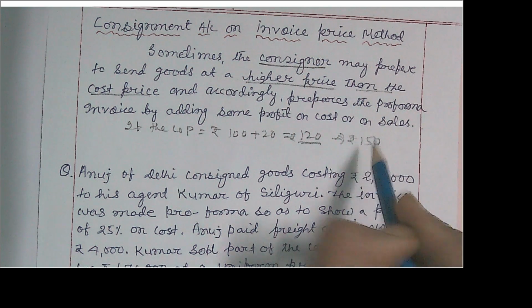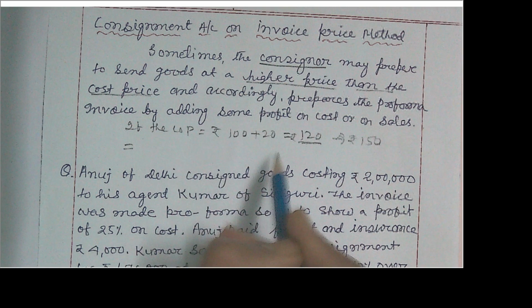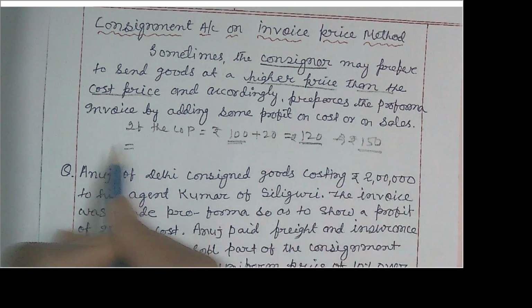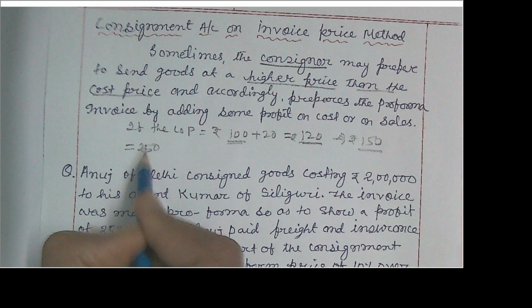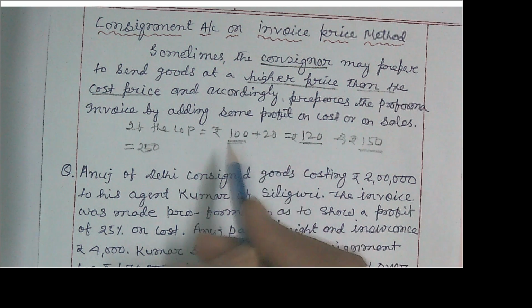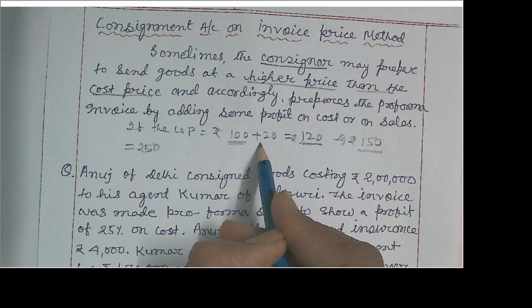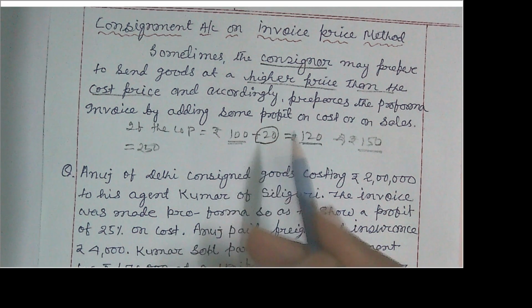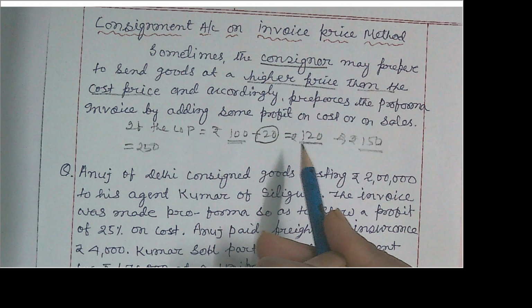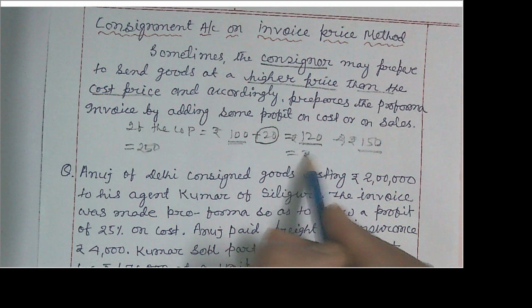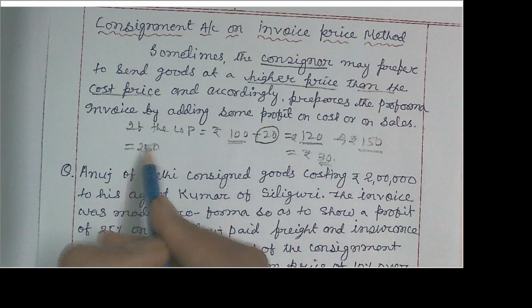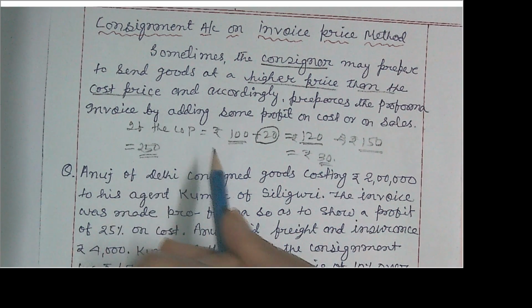So your profit will be: 100 is the cost price, selling price is 150, so the profit is 50 rupees. But the consignee does not know that the consignor has added 20 rupees extra price on the goods. So the consignee thinks he made only 30 rupees profit, whereas the actual profit is 50 rupees.